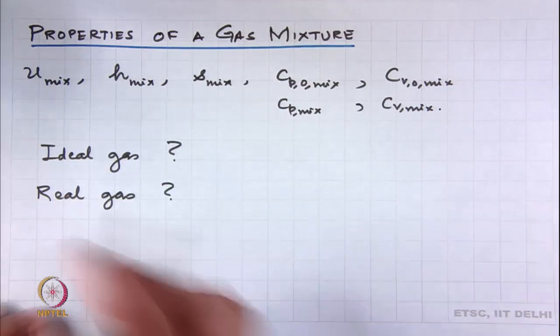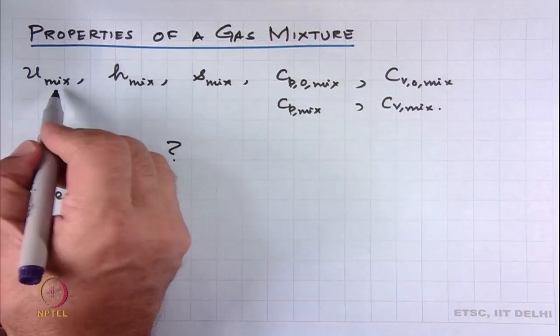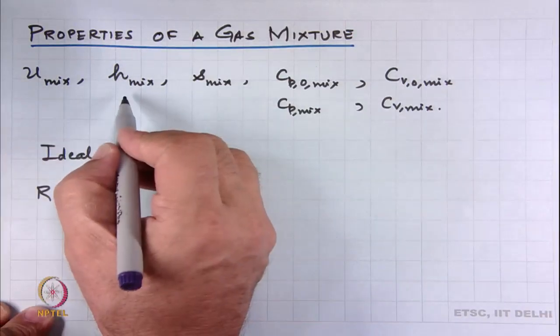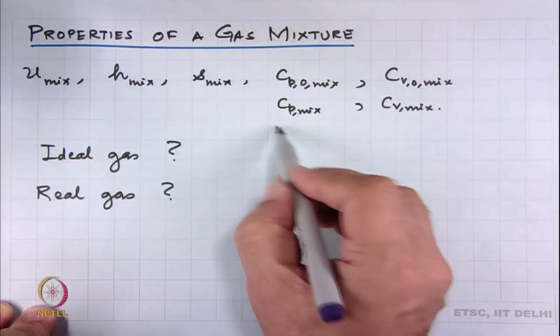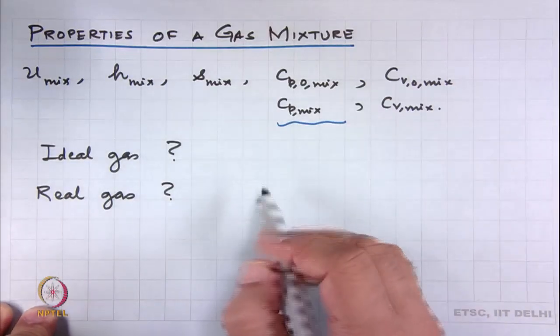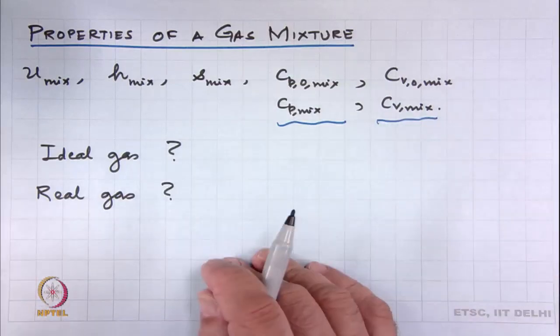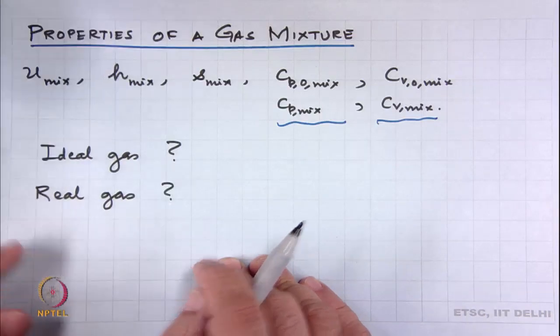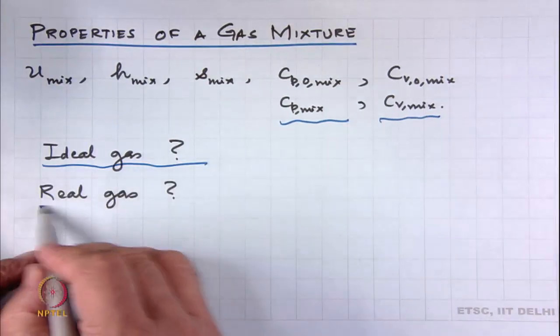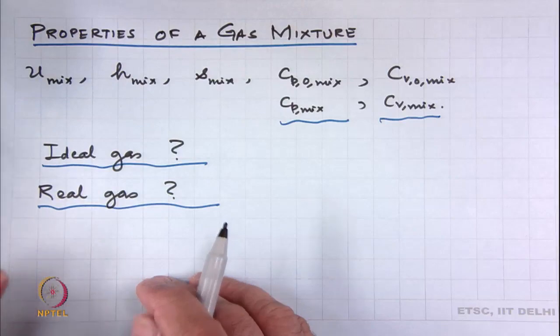And what we want is specific internal energy of the mixture, specific enthalpy of the mixture, specific entropy of the mixture, constant pressure specific heat of the mixture, and constant volume specific heat of the mixture. So, we will first look at the case which we are looking at ideal gases and then for real gases.